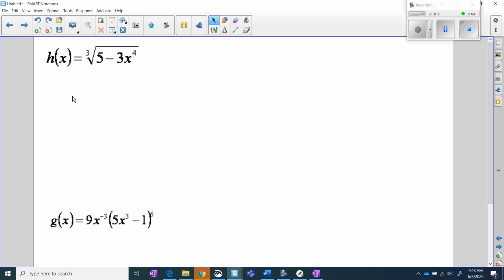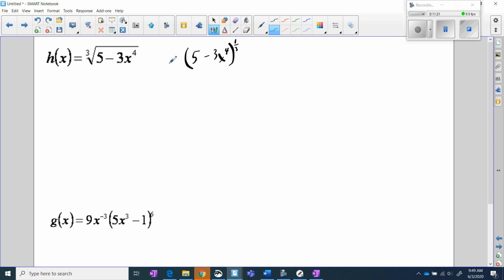If I look at this one, how do I know it's a chain rule? I know it's a chain rule because it's 5 minus 3x to the fourth. Now, students, just a notification, there's no bracket. In here, this really means 5 subtract 3x to the fourth raised to the exponent 1/3.